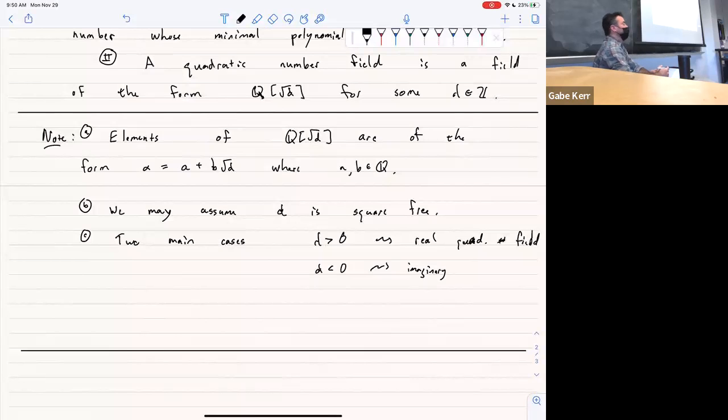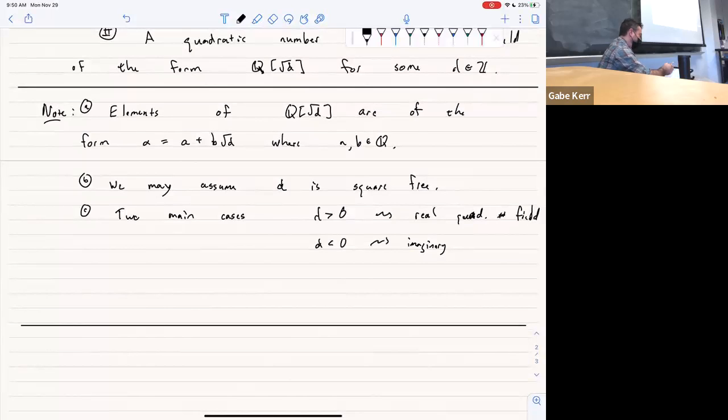So we call it a quadratic number field because the minimal polynomial of alpha, as a complex number, is going to be quadratic. For any alpha, but certainly square root of d.